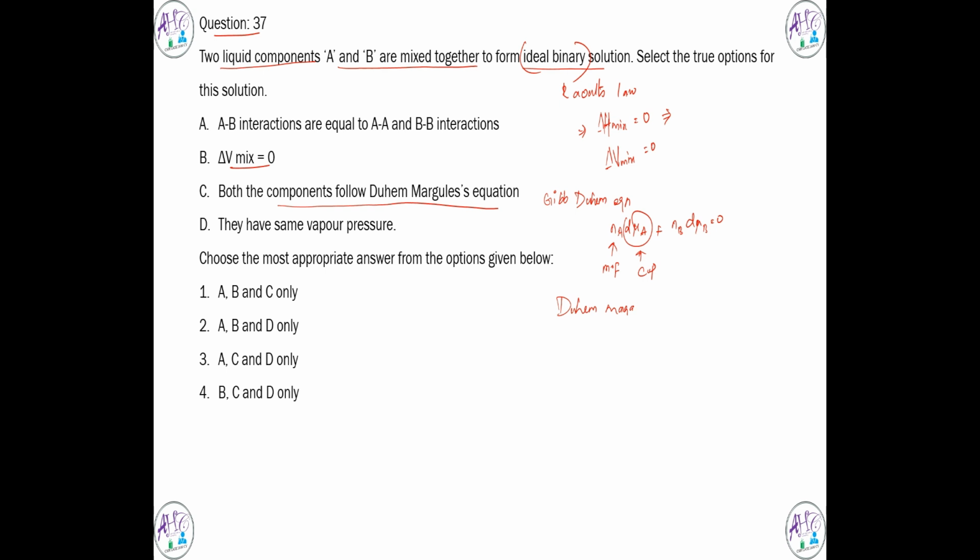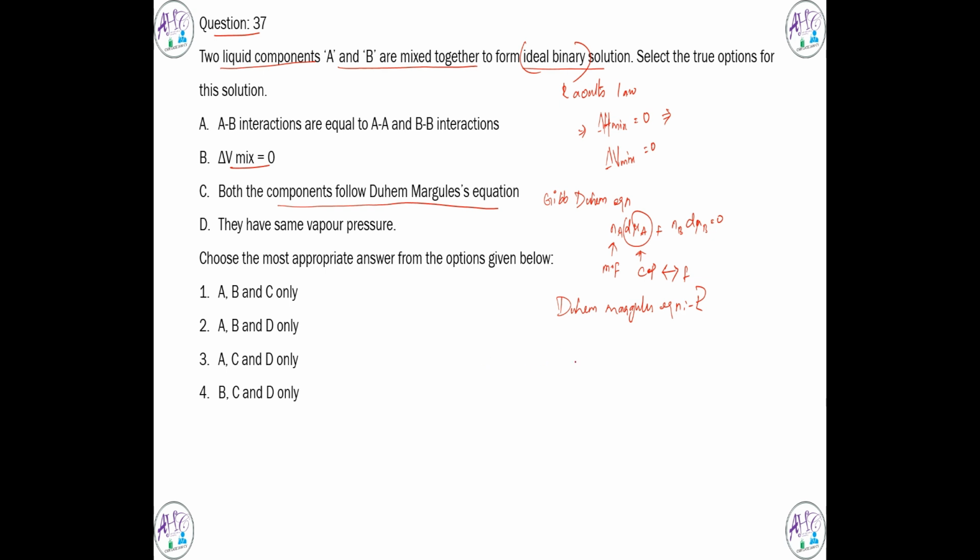Duhem-Margules equation, which is nothing but replacing the chemical potential term with the fugacity term. So if you replace the chemical potential term with the fugacity term, it becomes the Duhem-Margules equation. For an ideal binary solution, the Duhem-Margules equation will be followed.